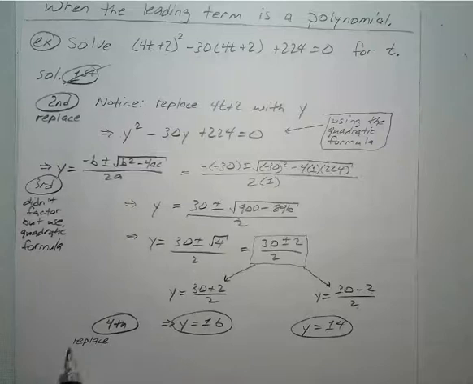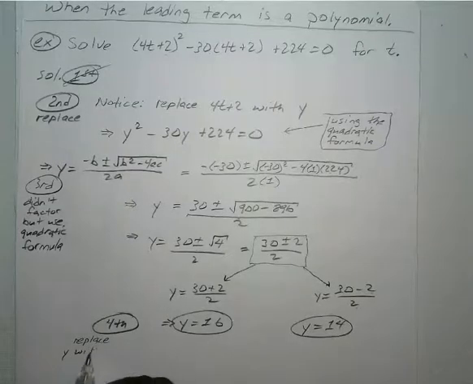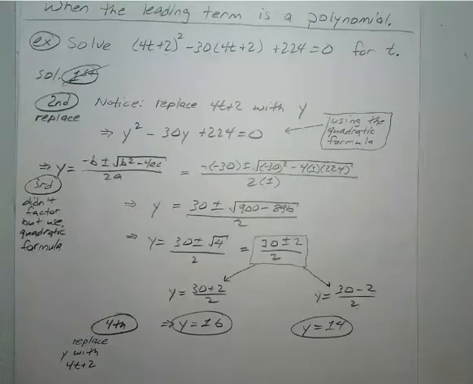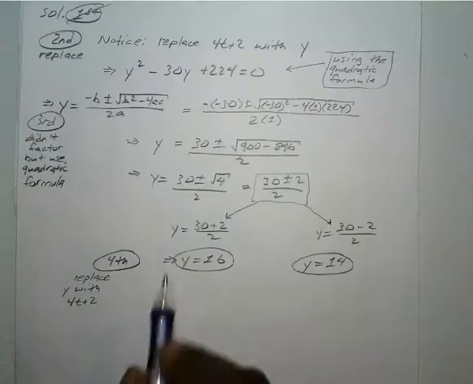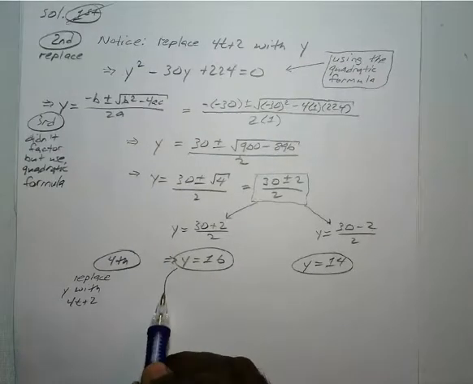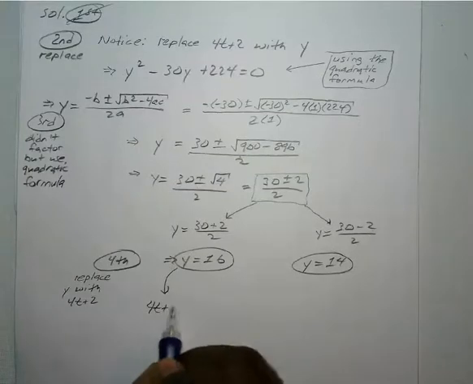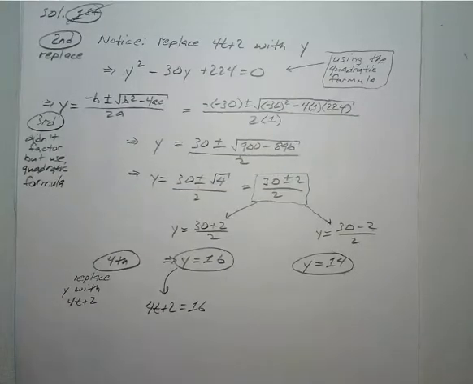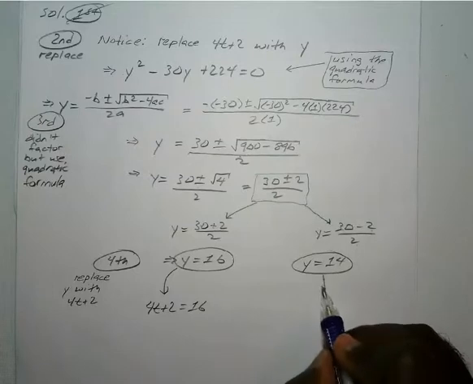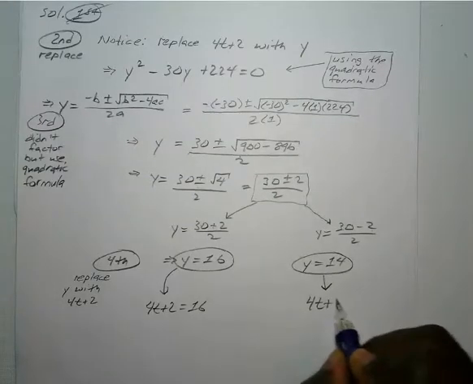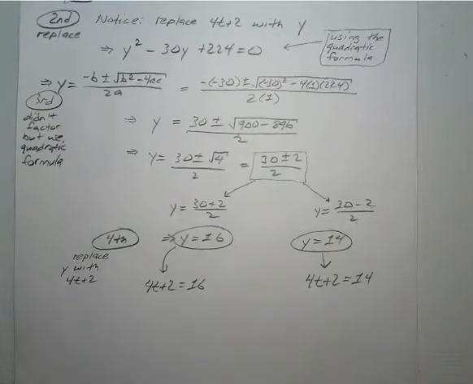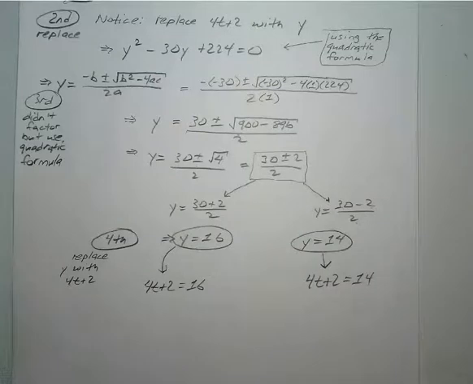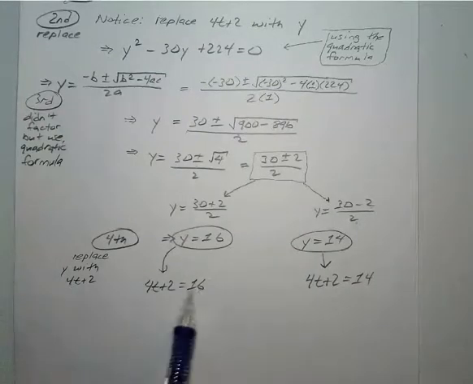So we replace y with 4t plus 2. Instead of y equals 16, that will become 4t plus 2 equals 16. And instead of y equals 14, that will become 4t plus 2 equals 14. Now we just go ahead and solve for t.